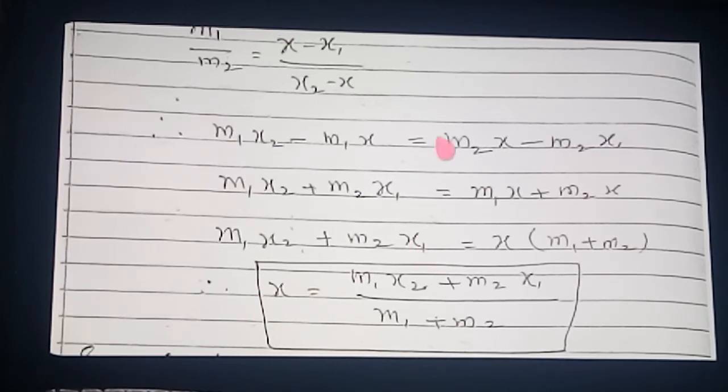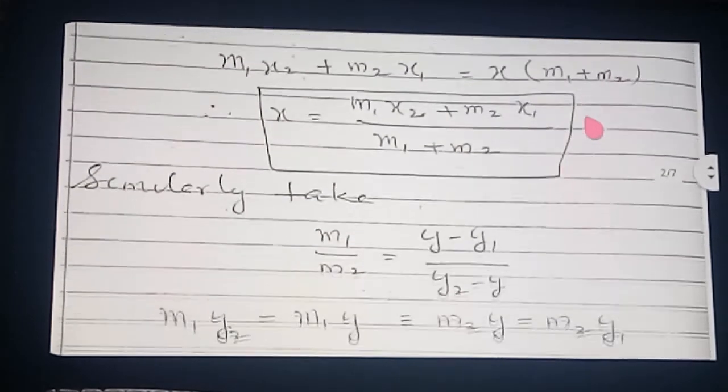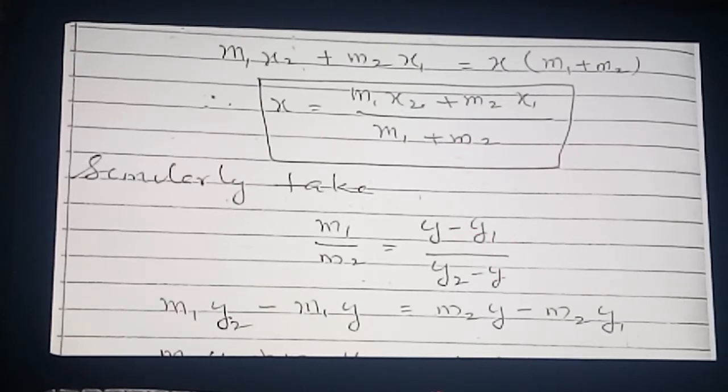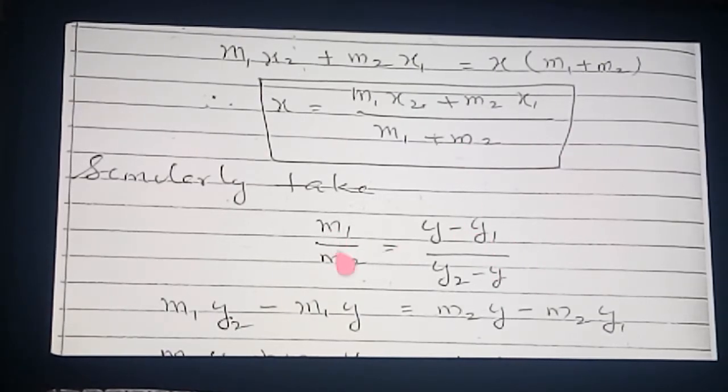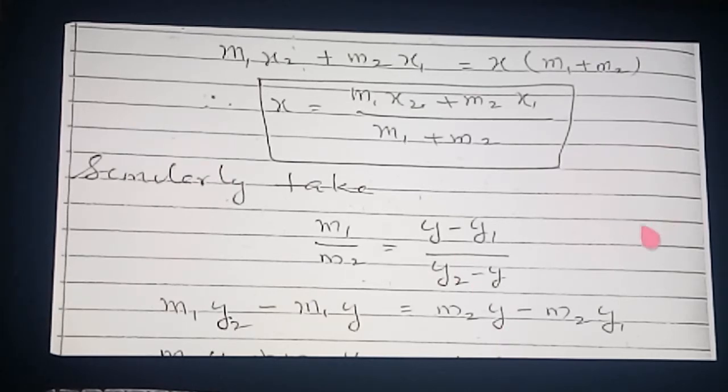Hello students, same way you can find out the coordinate of y. So what will we take here? First and third ratio take here. Okay, cross multiply. Now what do you want to find out? You want to find out the value of y. Therefore, the terms containing y you arrange on one side.